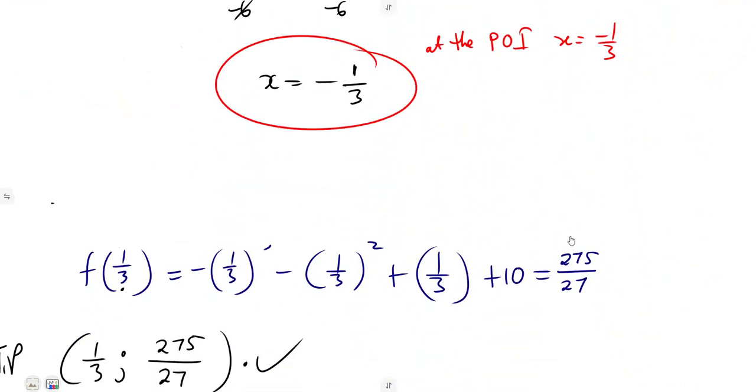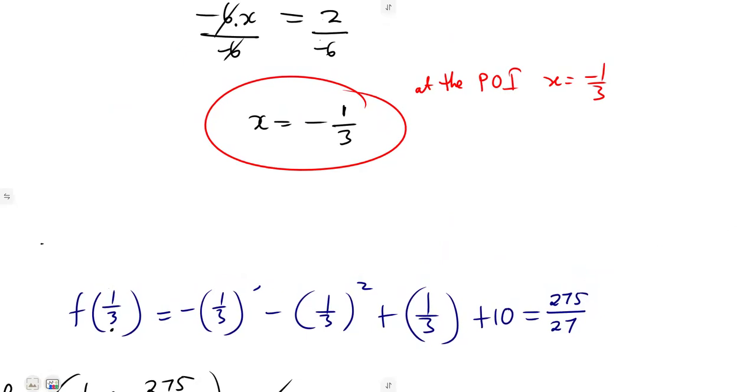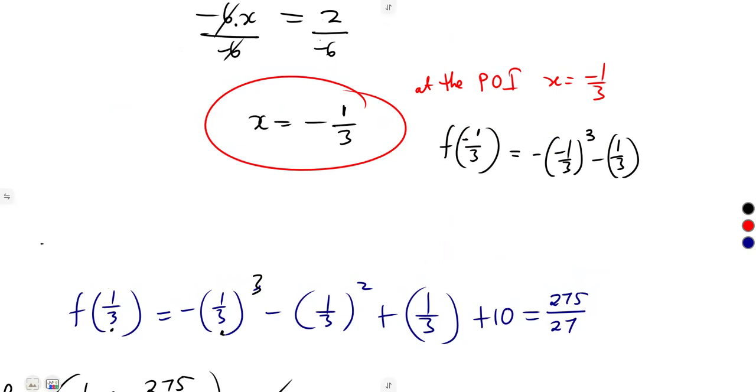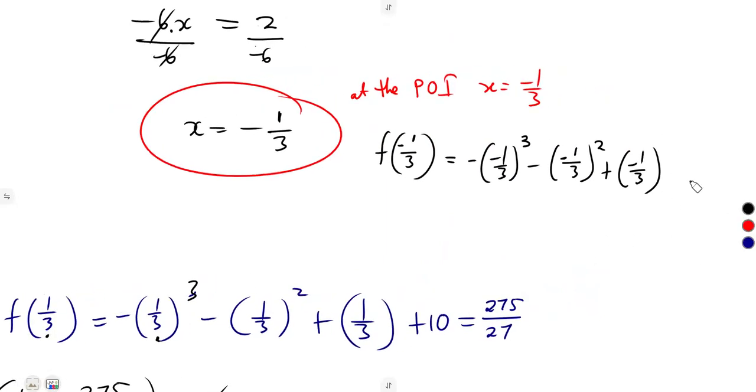All right. So remember here we worked with a condition where x was a third, but this time it's minus a third. So f of minus a third is simply going to be minus a third, squared, plus minus 1 over 3 in place of x, plus a 10.